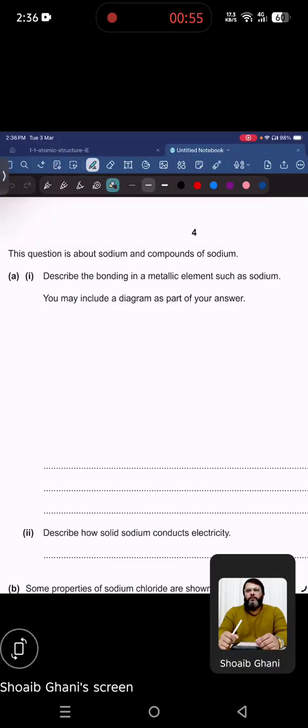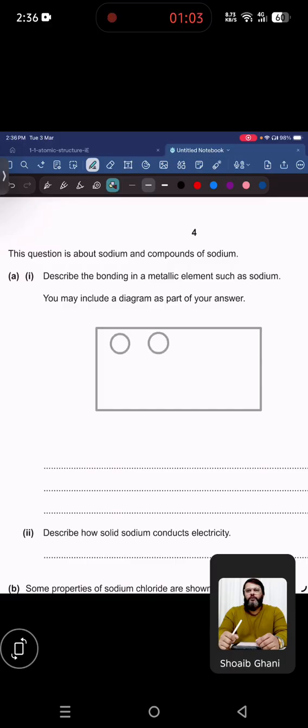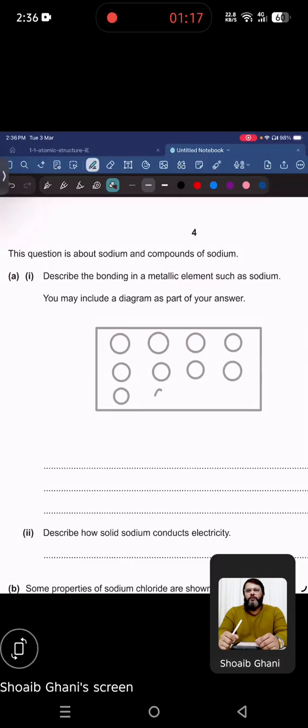So we can draw the table like this. Circles as positive ions. The first positive ions are the circles here. Try to draw the fixed positive ions as the same size.